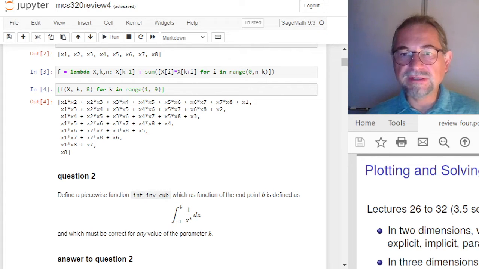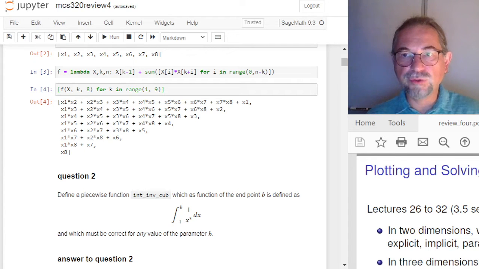So you see that the integral goes from -1 to b. Now if the b is positive, then you have a problem for x equals 0. So you can already see that there are problems with evaluating that integral.